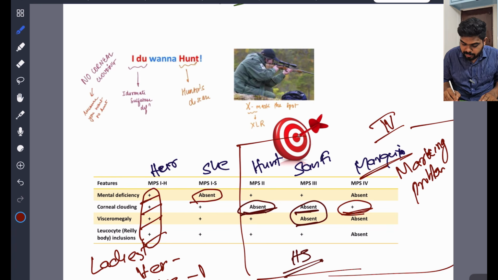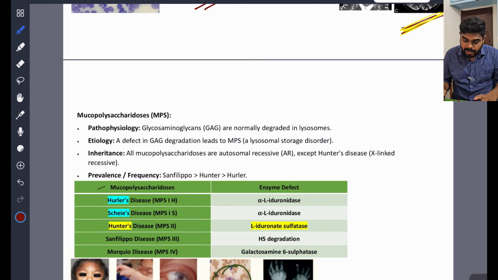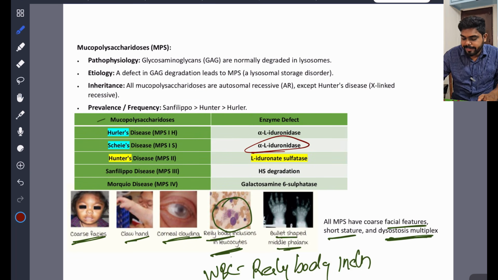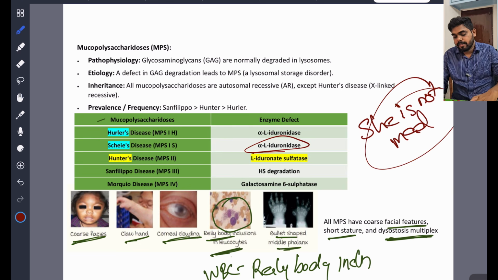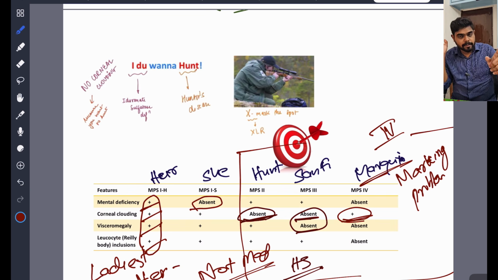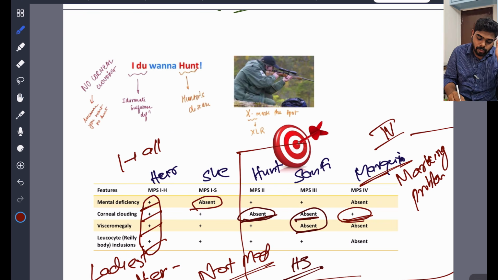I forgot to tell, here I told she is mad, but actually she is not, so please change it. Hurler is mentally retarded, Scheie is not. Hurler is all positive.